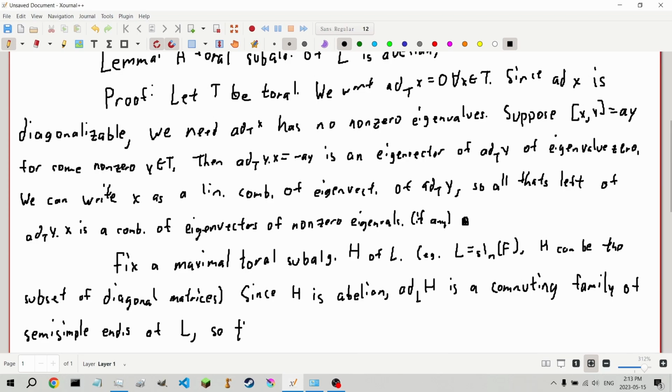So that by linear algebra, the set of adjoints of H is simultaneously diagonalizable.